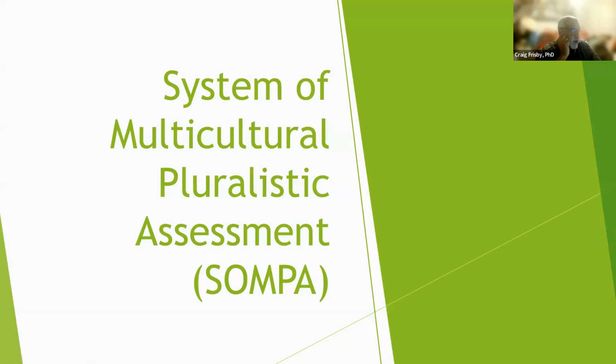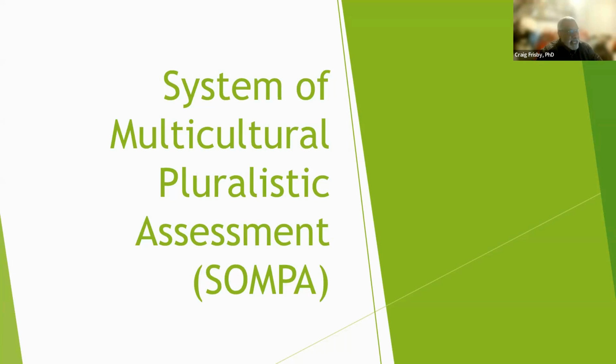So here's one of them. It's called the System of Multicultural Pluralistic Assessment. And again, I'm very aware of the fact that I'm probably a bit older than many of you in the audience. So I started grad school in the 80s, and this was very big in the 70s and the 80s in the school psychology and special education literature.